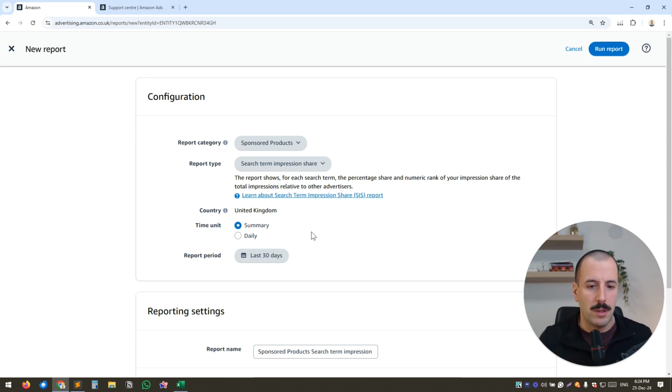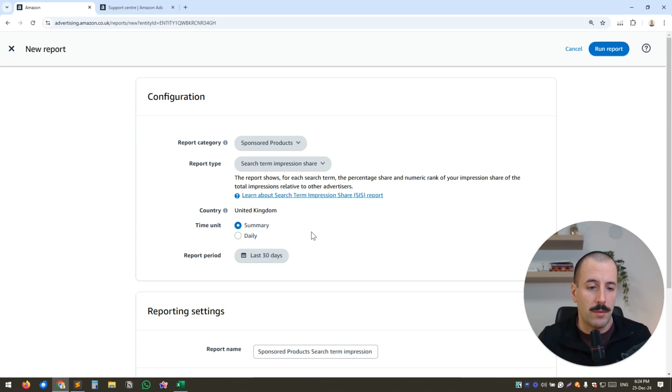With summary, you will get your search term impression share data for the whole period of 30 days. But for example, if you're in a product launch or just during the phase when you push certain keywords to increase your organic rank, then you will probably have to select daily.